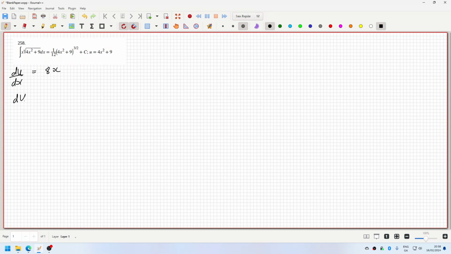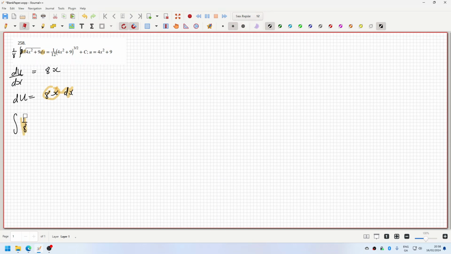So that means du equals 8x dx. So this integration would become 1 over 8 and then 8x dx. X dx times 8 is du. So if I put a 1 over 8 here and an 8 here, I have 8x dx.